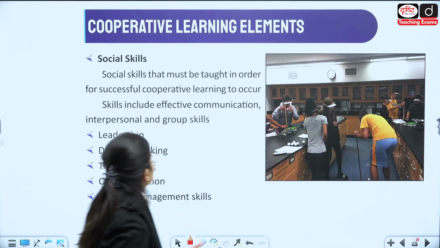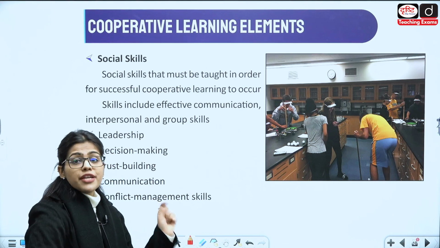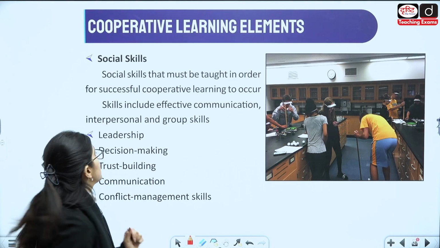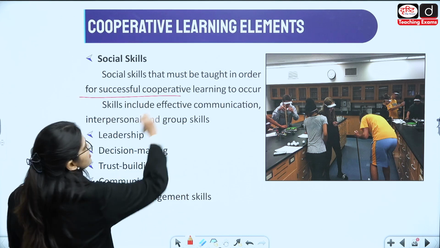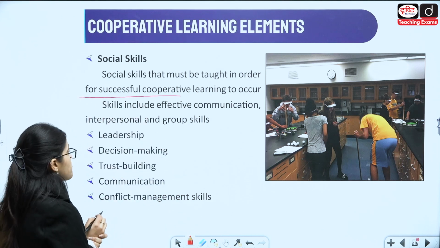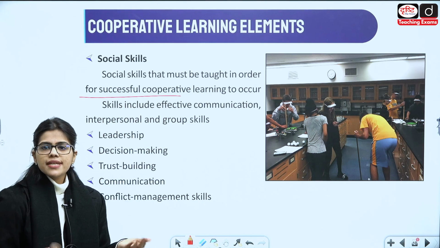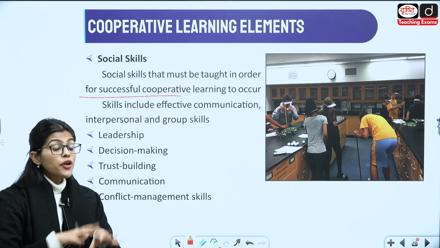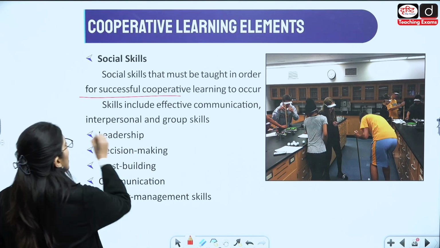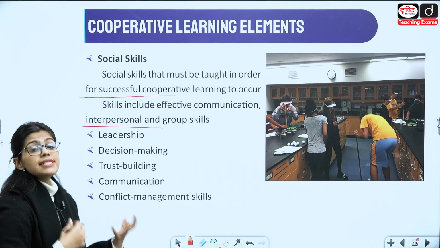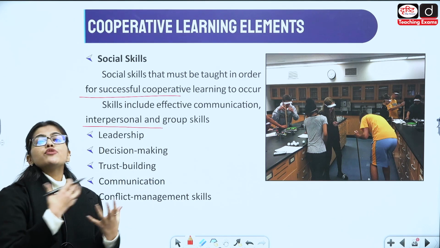That is important. Social skills, one of the most important skills that you need when it comes to cooperative learning. Social skills must be taught in order for successful cooperative learning to occur. Skills include effective communication. What's a social skill? You're talking to the society, you're talking to other members. So you have to be a good communicator. You have to have interpersonal skills as well as group skills. You have to rely on the group. You have to talk to them.